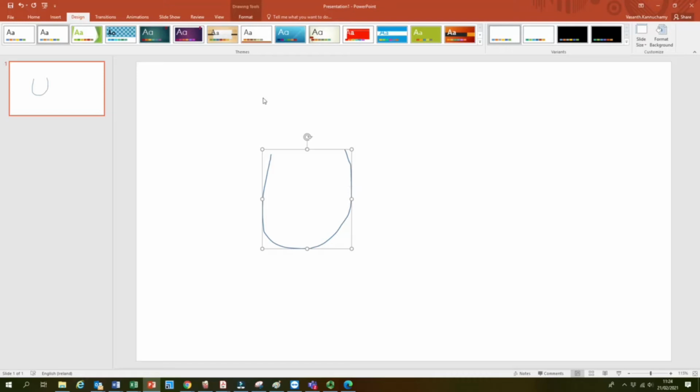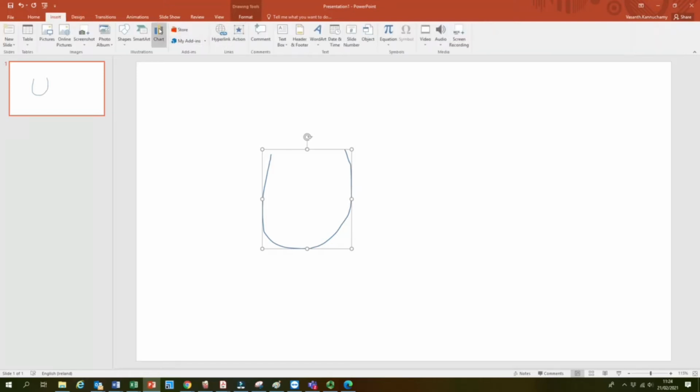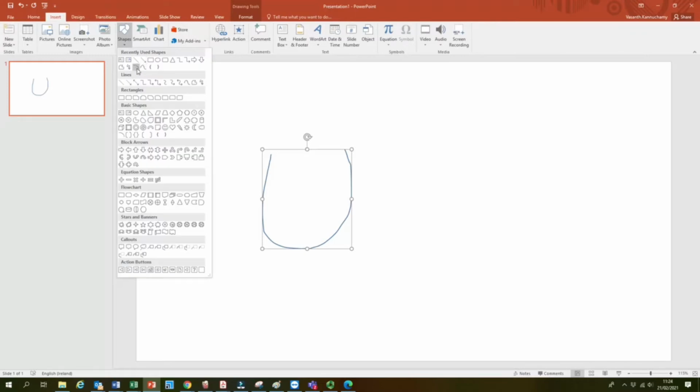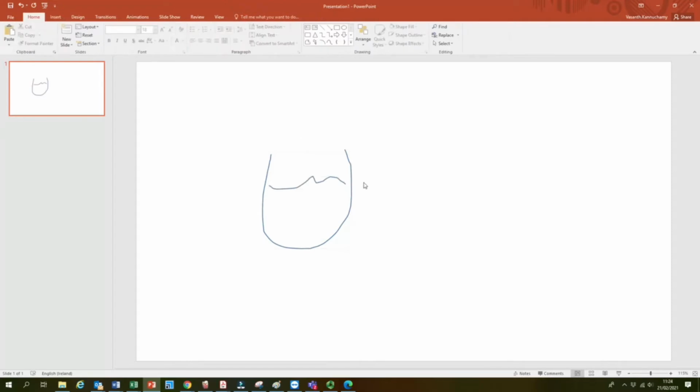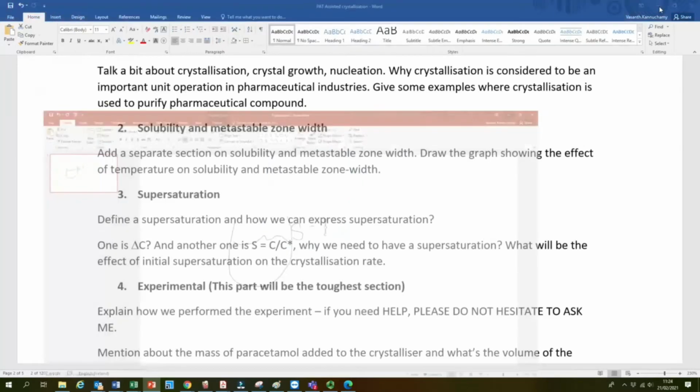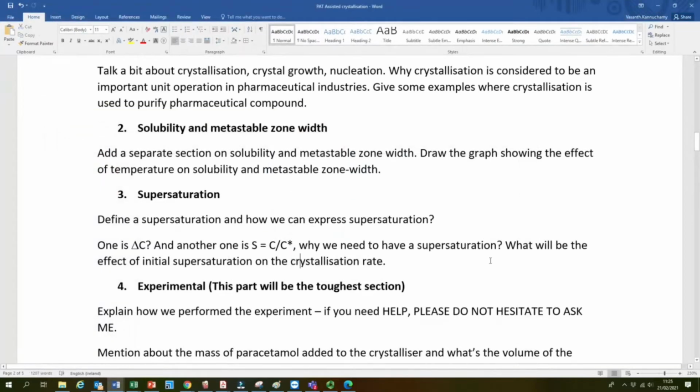Imagine you start some experiment with a supersaturation of, say, 1.2. Oh, this is going to be a nightmare. Okay, forget it.